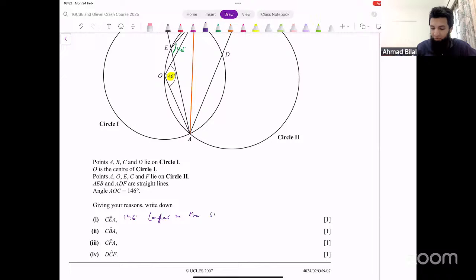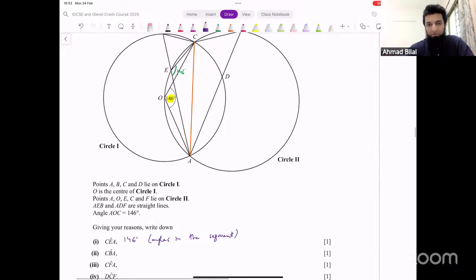In your own words, you could write it's the angle at the circumference made by the same chord in the same segment. Or this is the formal name for the property, angles in the same segment. If you just write this down, that also will be sufficient. Okay, they're equal to each other. CBA angle. What's this going to be?